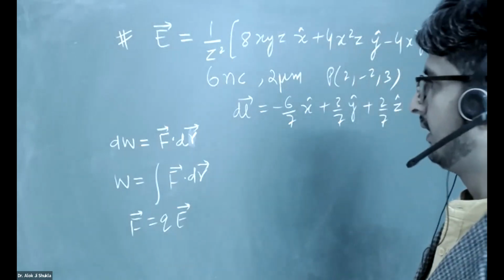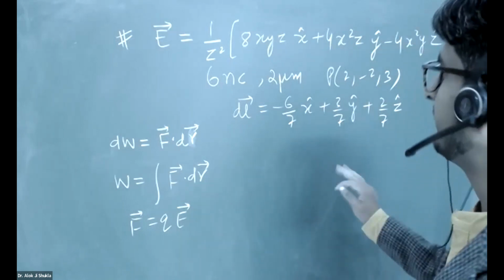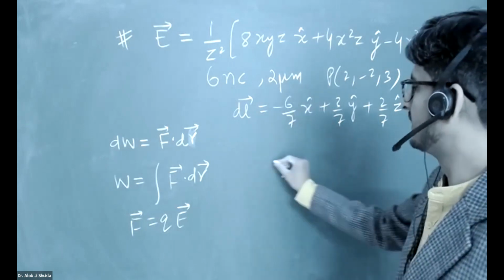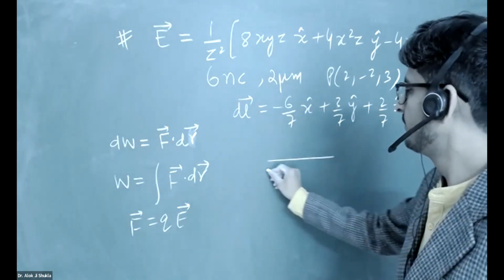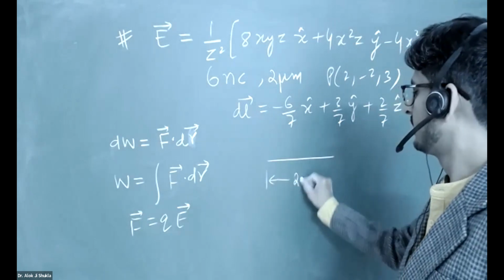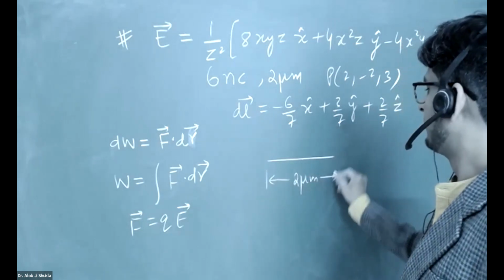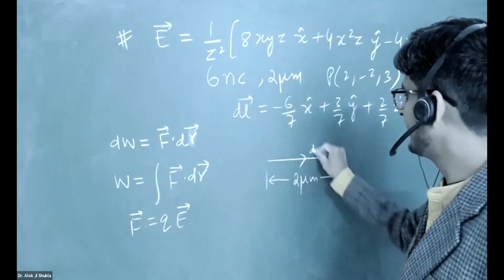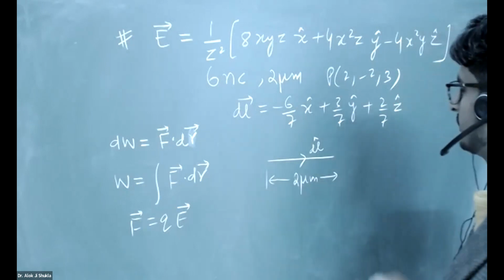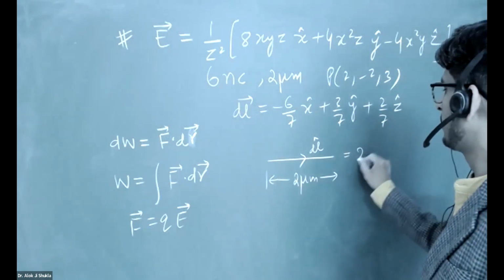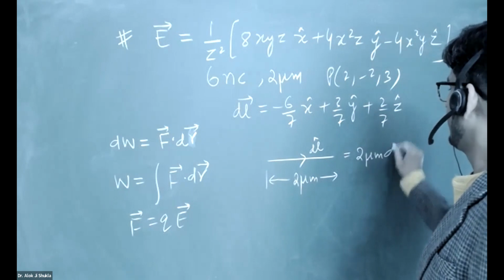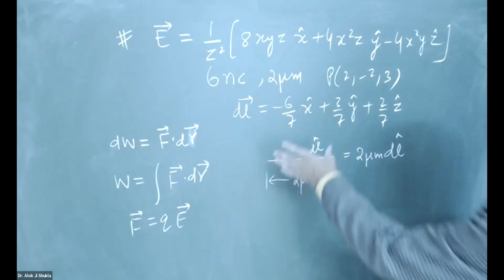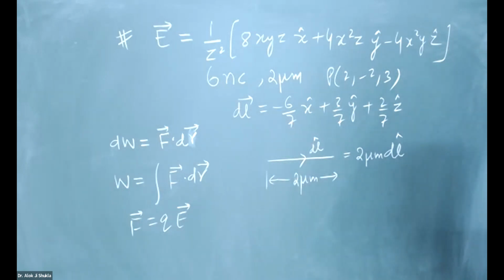So we have to do this. Please understand that they want us to move 2 micrometer. How much we have to move? 2 micrometer, but in the direction of this. That means the direction is the dl vector. So we have to move 2 micrometer with dl cap as a unit vector, because this will tell us the direction in which we have to move.